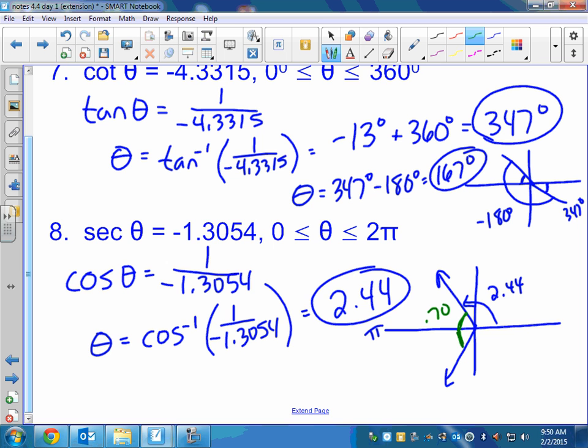That means that this is also 0.70 away. Reference angles, if they have the same trig values, they're the same distance away from the x-axis. They have the same reference angles. So to find what this new angle is, can I figure out what angle goes from here all the way to here now?